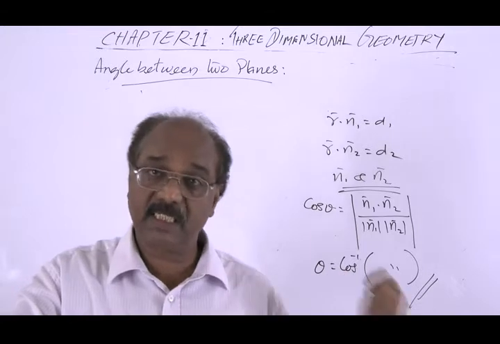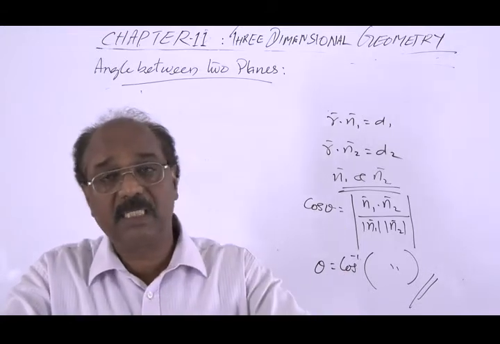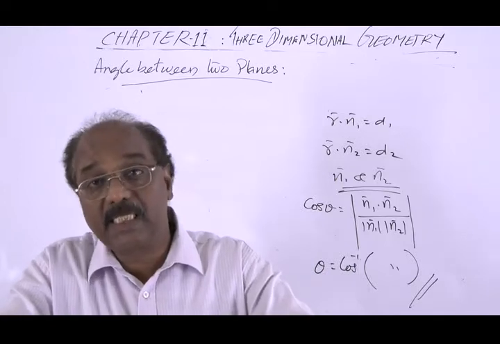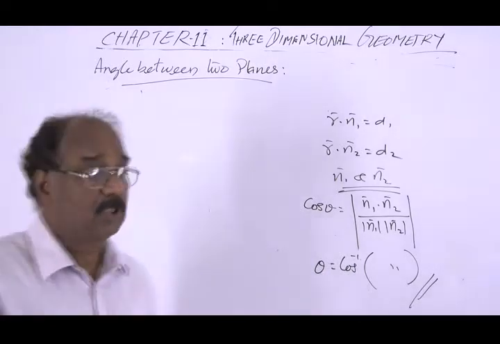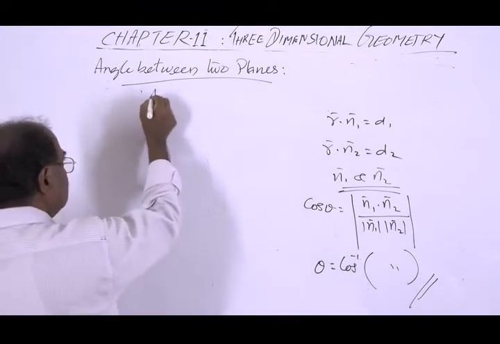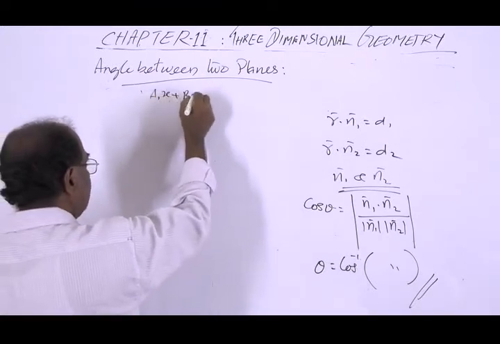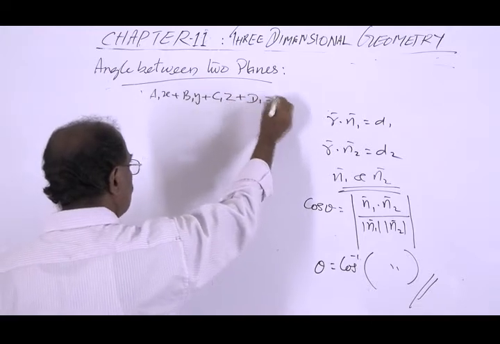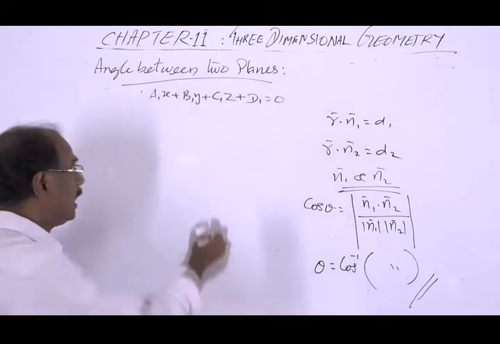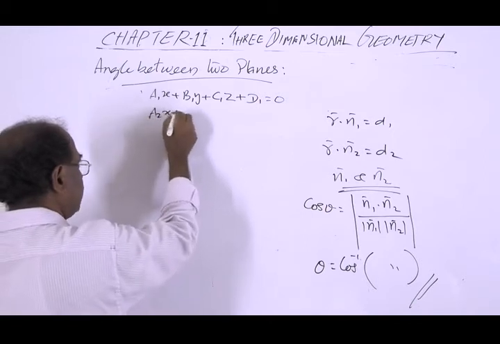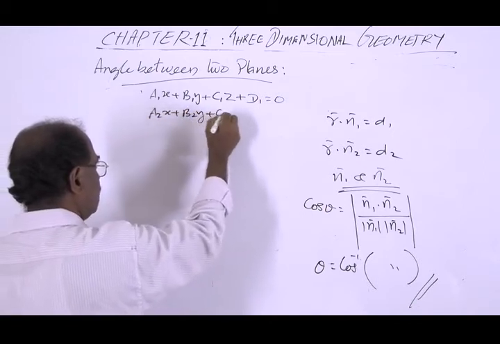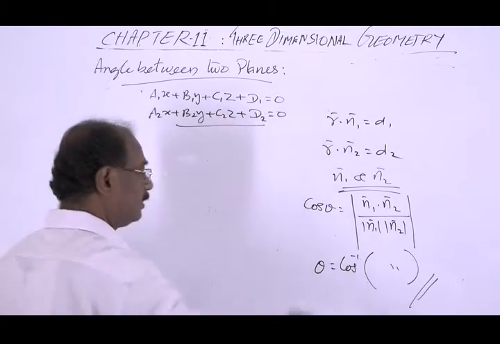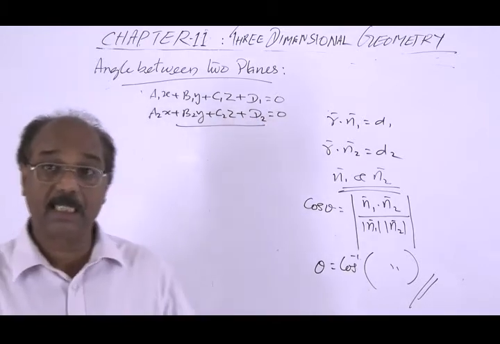Now this is in the vector form. We can have its Cartesian form also. For this, let us write the equations of the planes in the Cartesian form. So let us take the equations as a1x plus b1y plus c1z plus d1 equal to 0, the equation of the first plane, and a2x plus b2y plus c2z plus d2 equal to 0, the equation of the second plane.